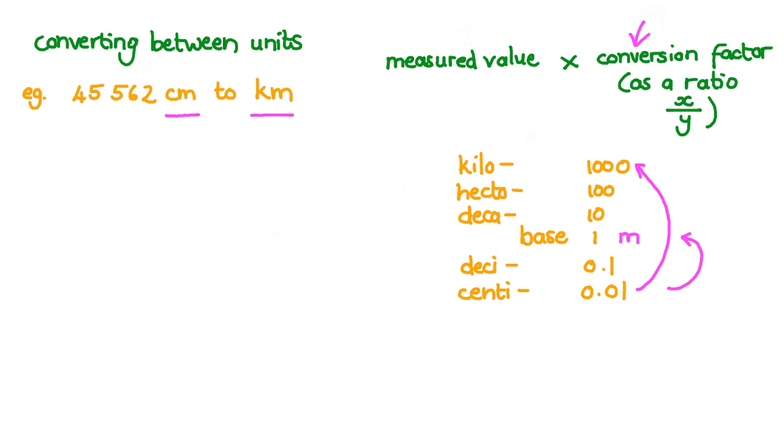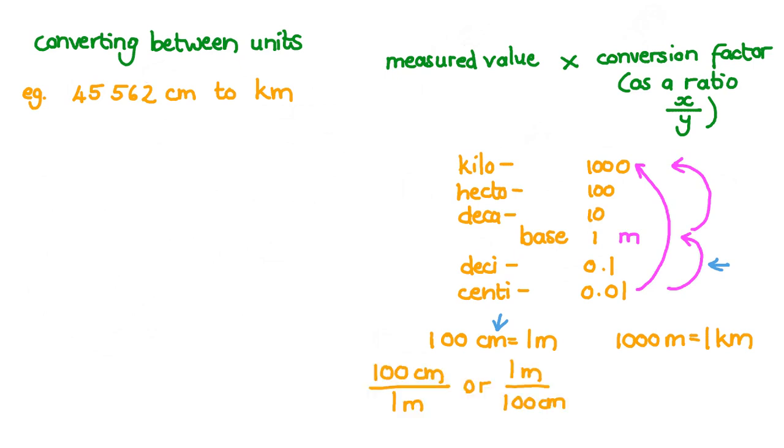The best thing to do is to convert from centimeters to meters using a conversion factor, and then from meters to kilometers using another conversion factor. The conversion factor for centimeters to meters is 100 centimeters equals 1 meter. We can write that as 100 centimeters over 1 meter or 1 meter over 100 centimeters. They mean the same thing.